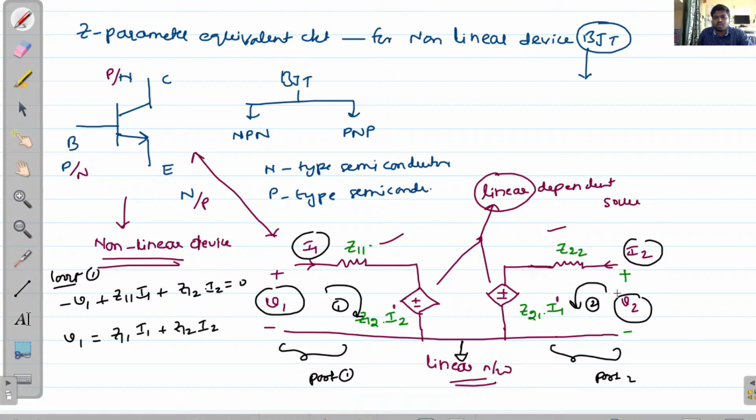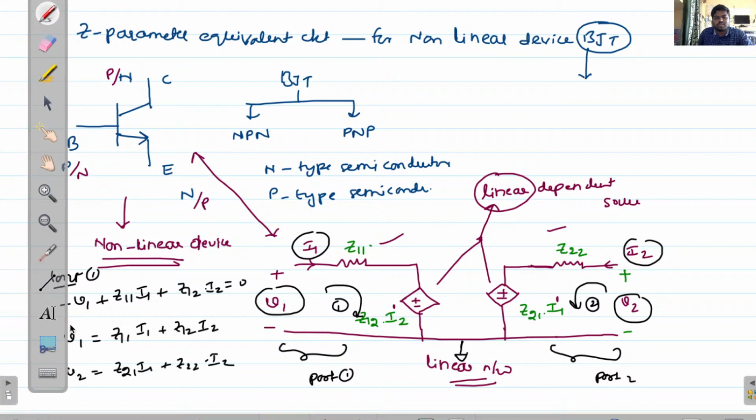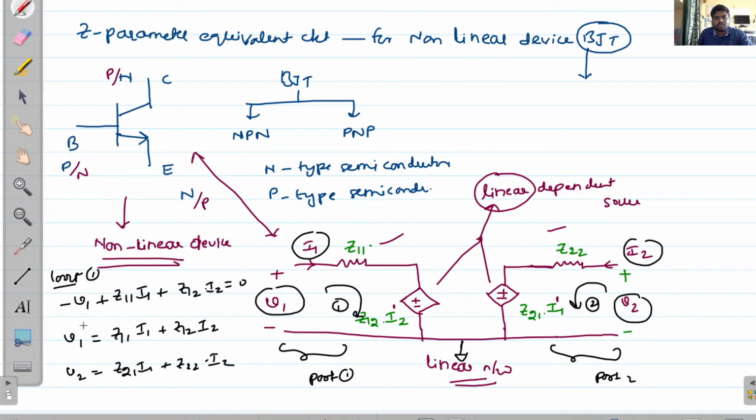In a similar way, if you apply KVL for port 2, otherwise loop 2, you will get v2 equals z21 i1 plus z22 i2. So these are the Z parameters of this device, otherwise this network. This is the equivalent circuit.